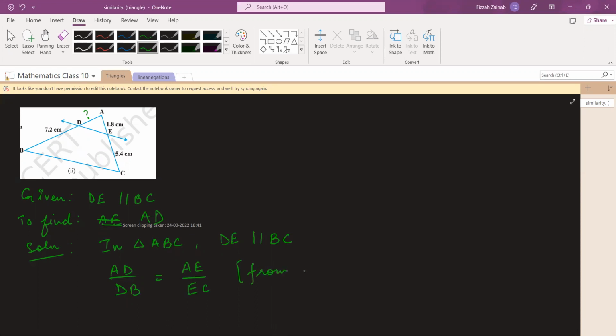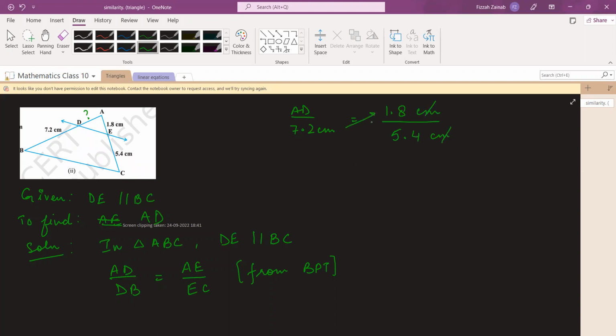So you can write in bracket also from basic proportionality theorem. Okay. Now put all the values here. AD, I don't know, right? DB is 7.2 centimeter is equal to AE is 1.8 centimeter, EC is 5.4 centimeter. So this centimeter cancels out.